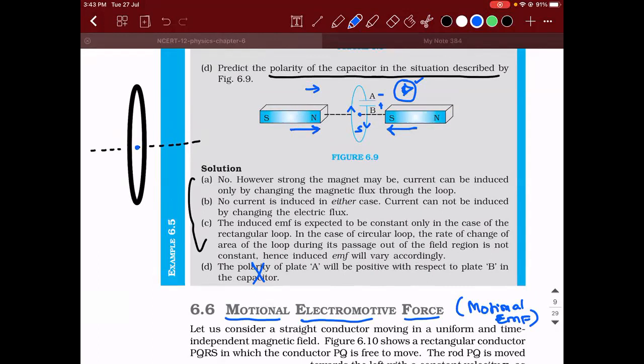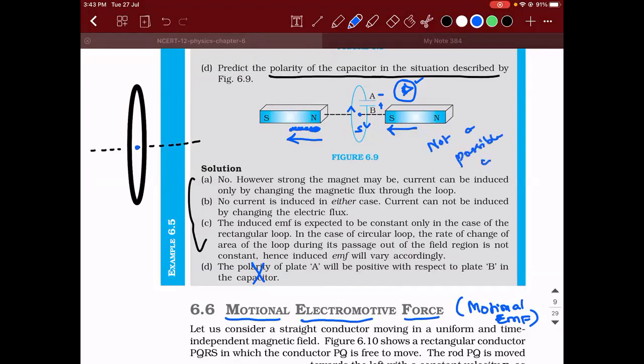Are you able to understand? For example, had the question been given like this, let's say this is not given. Had they given it like this, then what will you say? South pole will be generated.